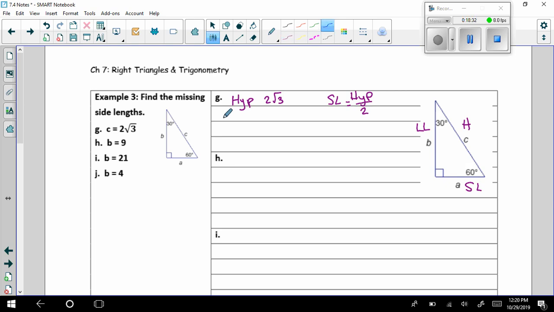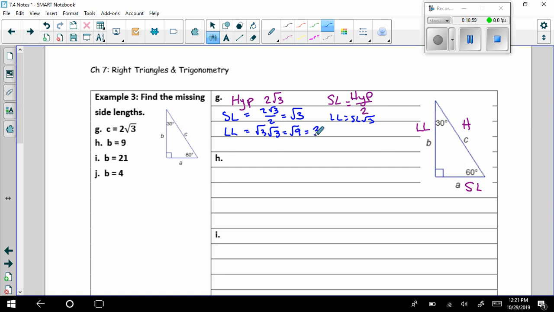So for this particular example, the short leg is 2 root 3 divided by 2, which is just root 3. And then the long leg is the short leg times the square root of 3. So we have square root of 3 times square root of 3, square root of 9, which is 3.